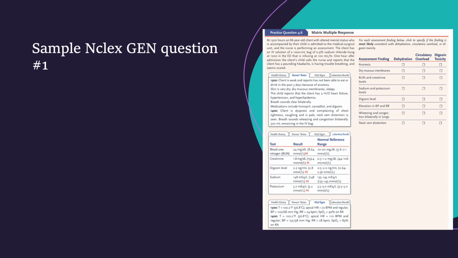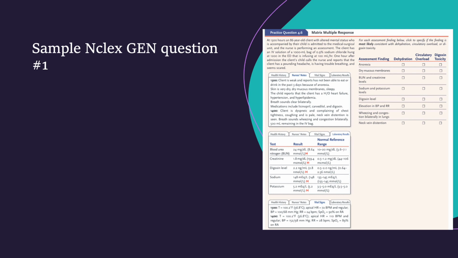So the BUN is elevated. The creatinine is elevated. The digoxin is elevated. The sodium is elevated. The potassium is elevated. Everything is elevated on her. As for her vital signs, the only ones that seem to have changed from when she first got in there: her heart rate was 72, now it's 110.